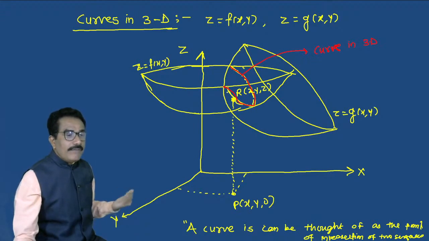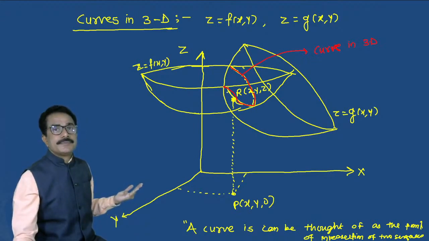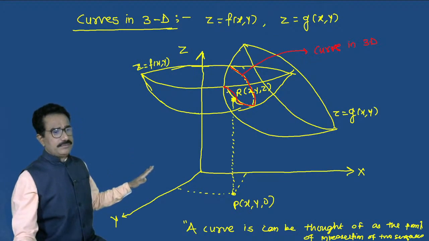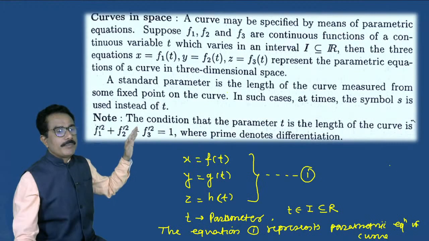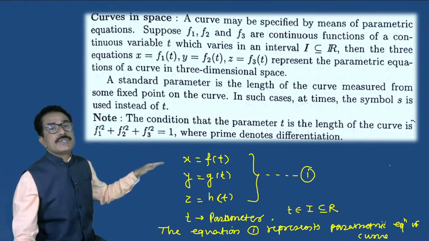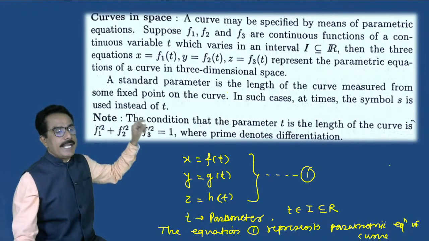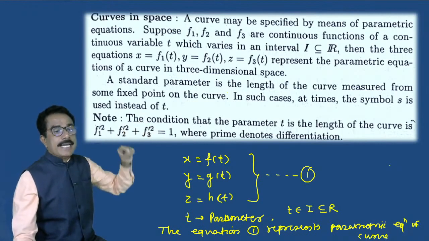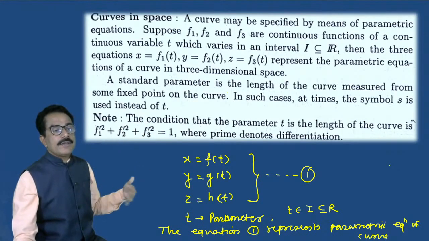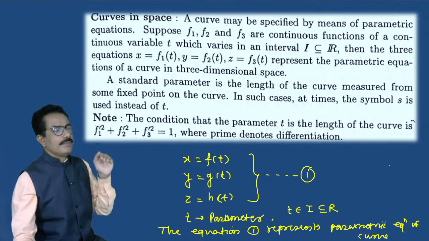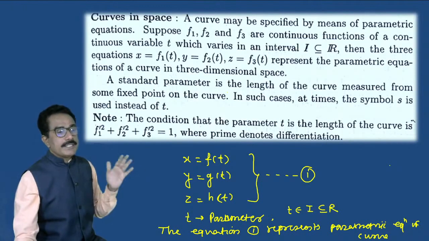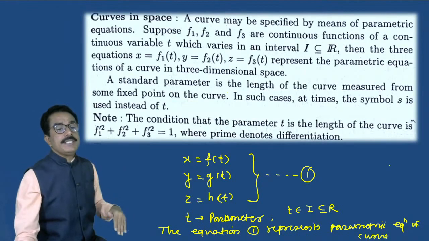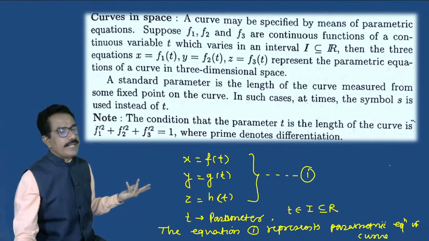Then the length from that fixed point R (x, y, z) is the standard parameter. In such cases, at times the symbol s is also used instead of t.